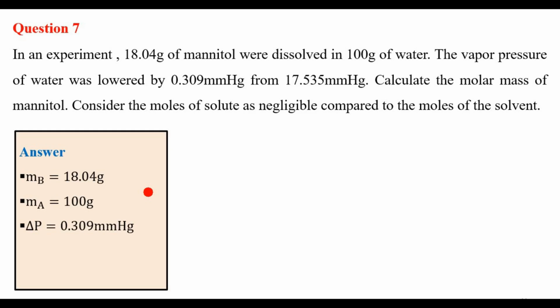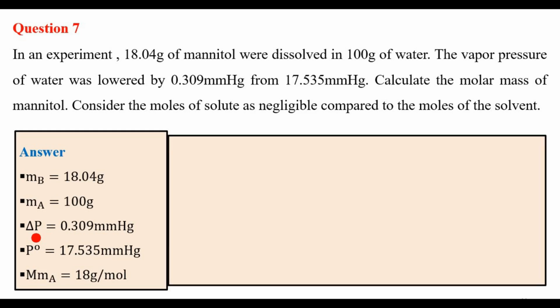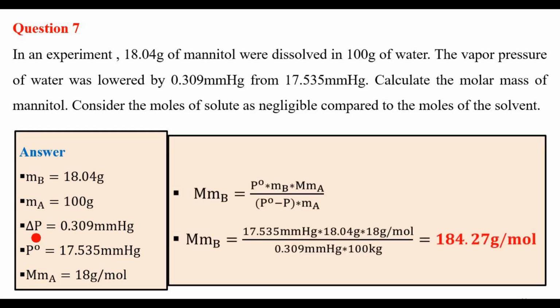So we have the change in vapor pressures, which is equal to the vapor pressure of the pure solvent minus the vapor pressure of the solution. We have also the P naught, which is the vapor pressure of the pure solvent. We have also the molar mass of the water. The molar mass of the pure solvent is 18 grams per mole. Then using the formula, we can calculate the molar mass of the solid.